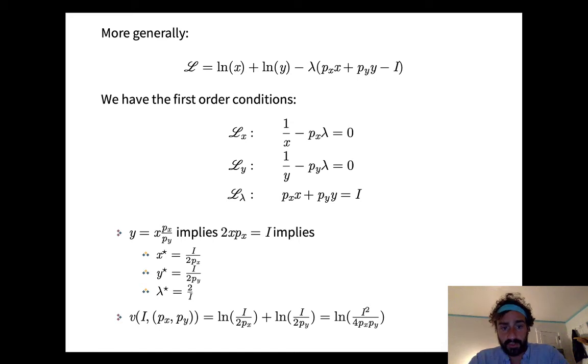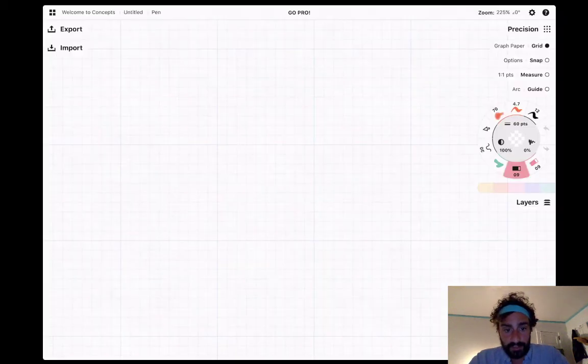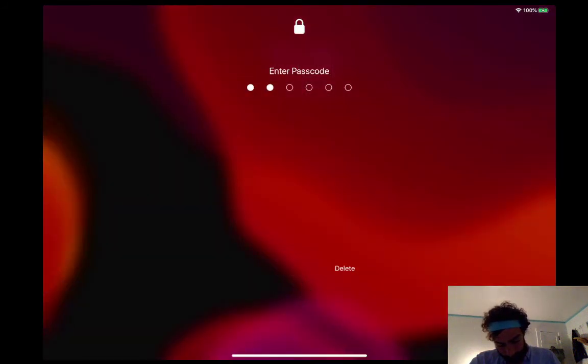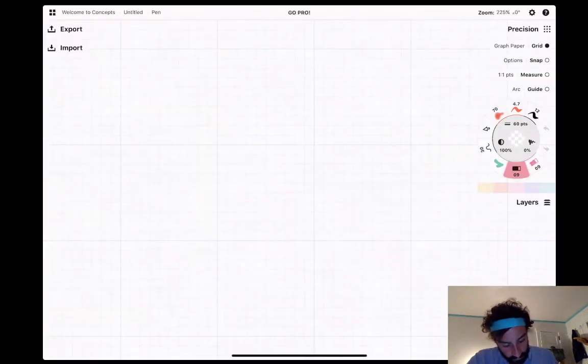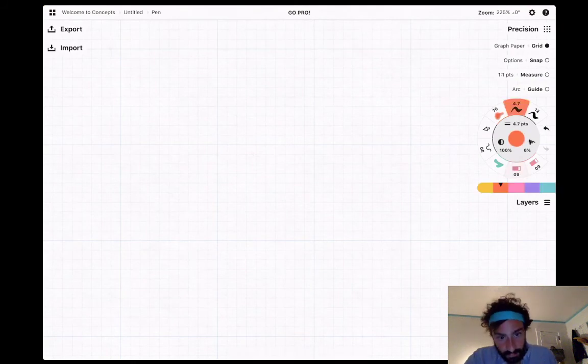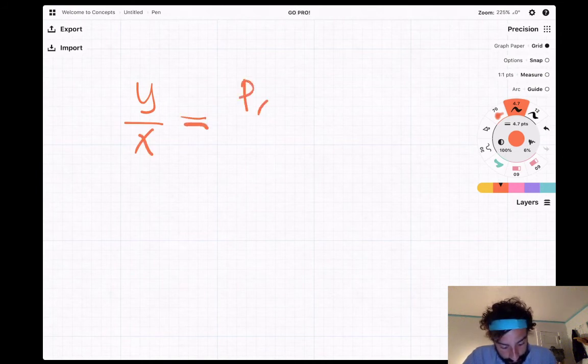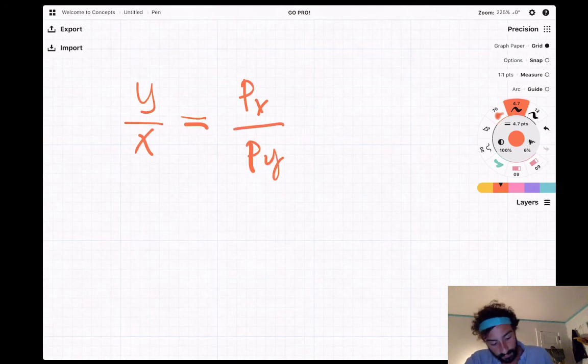Let me go a little slower. I can show you how that works. So you have y over x equals px over py, and you multiply both sides by x, so you take the x over here and you get an x here, right?